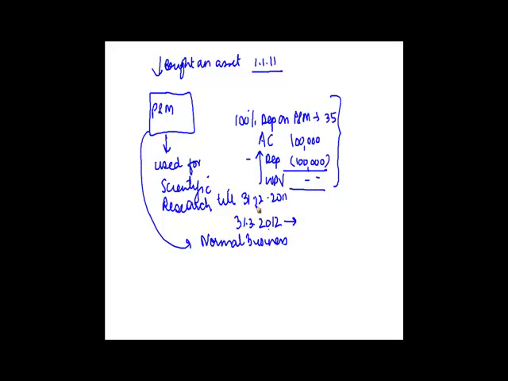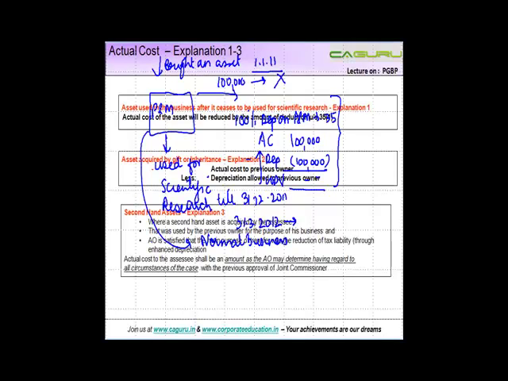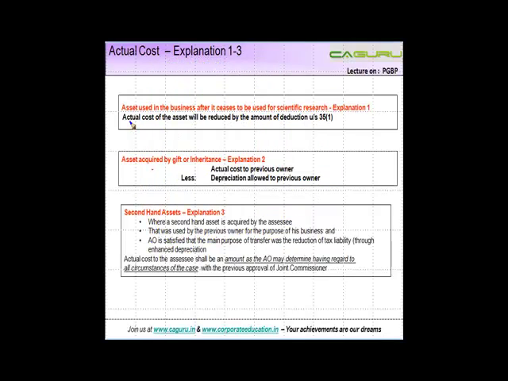People are very smart. What they will say is, I'm transferring this from this department to the other at 1 lakh. But will the depreciation be allowed on 1 lakh? The answer is no. Let's read the section once again. The section says actual cost of the asset will be reduced by the amount of deduction under section 35(1).